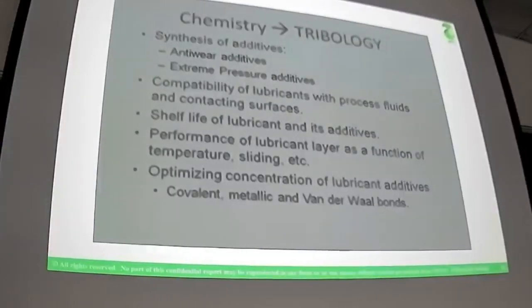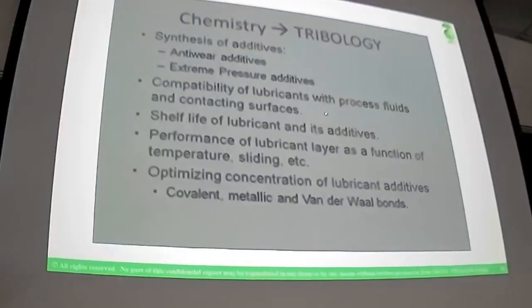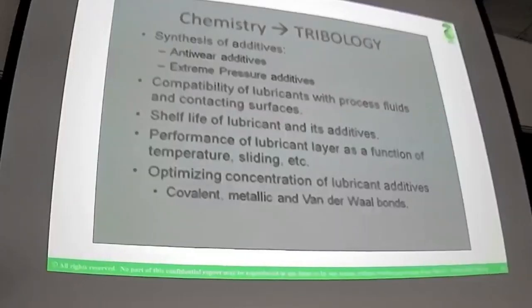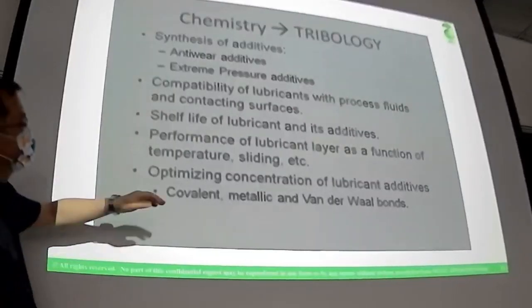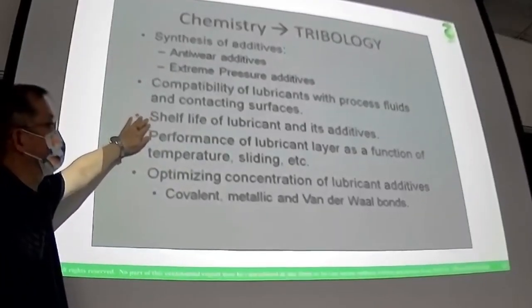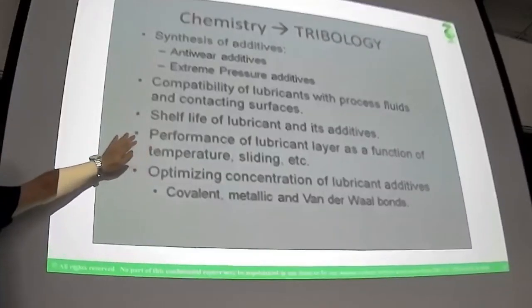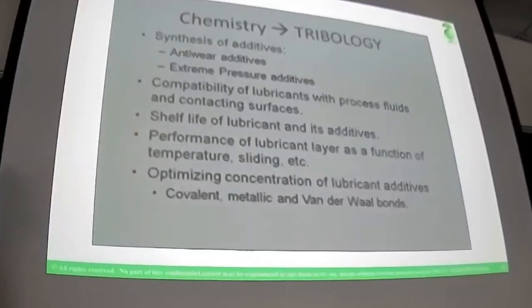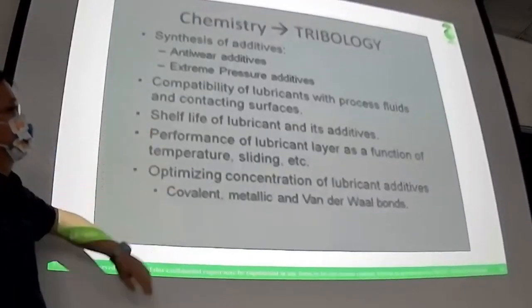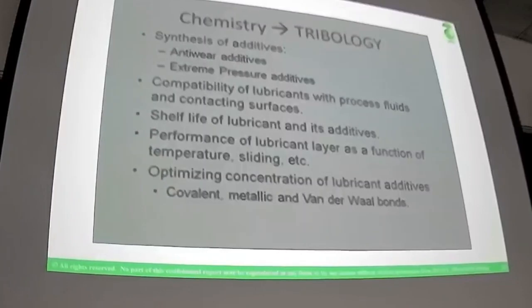And also we need to consider the compatibility of the lubricant with the process fluid or contacting surface. Okay? And some shelf life or stock life. When you store this lubricant in your warehouse, you need to consider the shelf life for different lubricants and their additives.